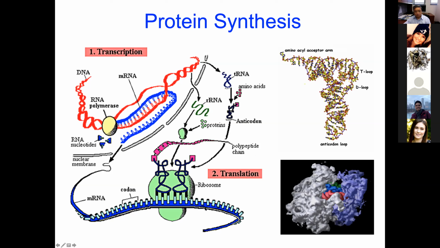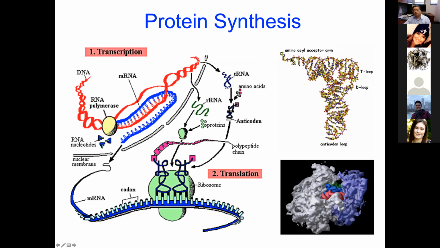And you see these tRNA molecules. We'll talk about how tRNA molecules will be connected to the amino acids, and then how the ribosome catalyzes the formation of the peptide bond. Here, this is the structure of tRNA. They all look very simple.